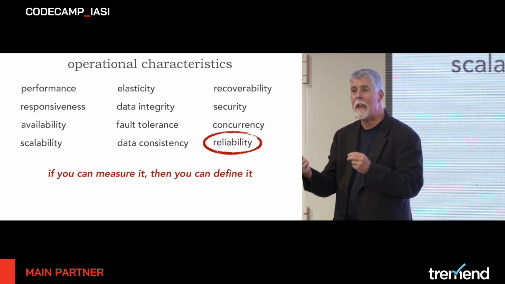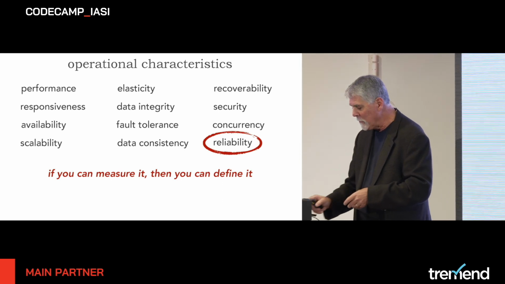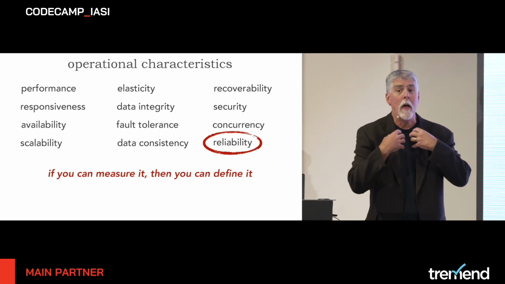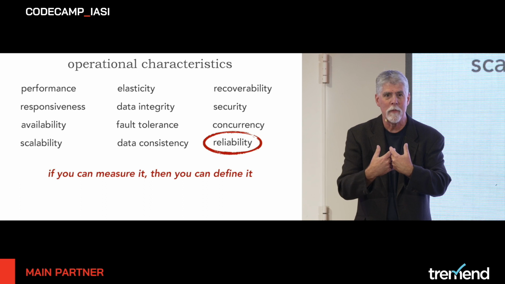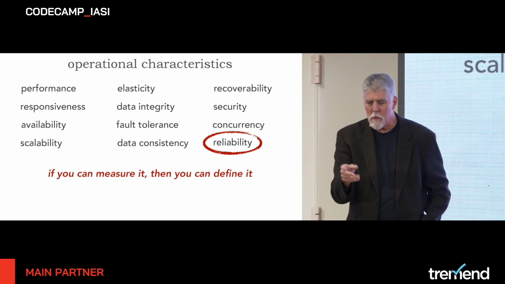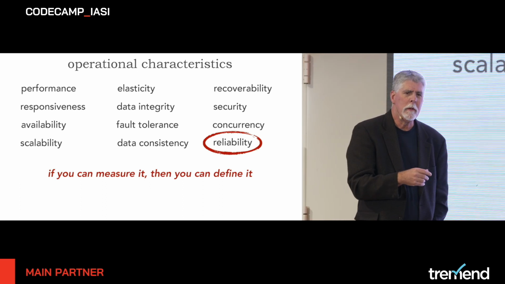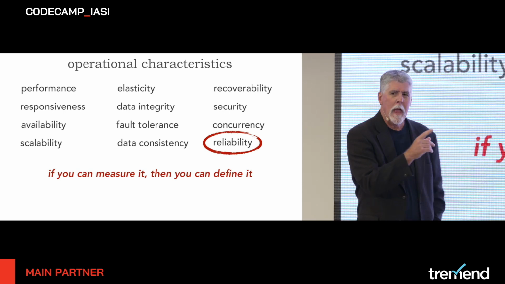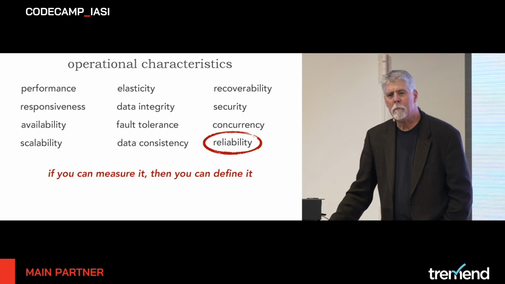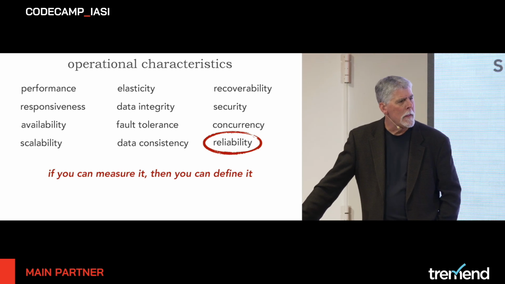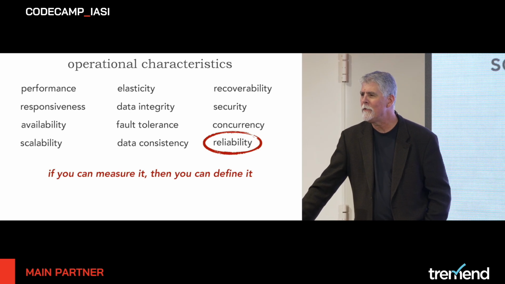So whenever I'm looking at an architectural characteristic, some sort of operational characteristic that's really important for this system to have, the first thing I say is, okay, how would we measure it? What do you think? How would you measure reliability? Any ideas?